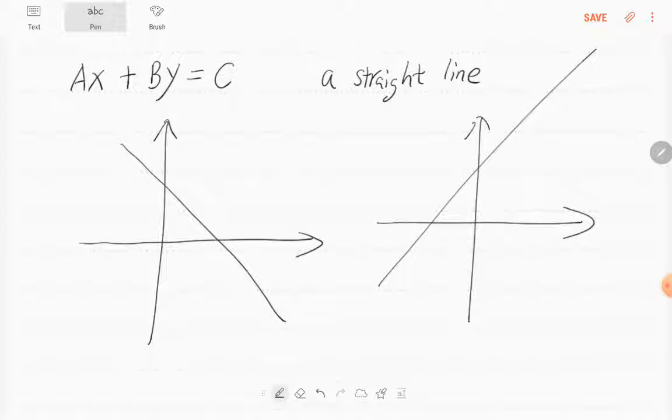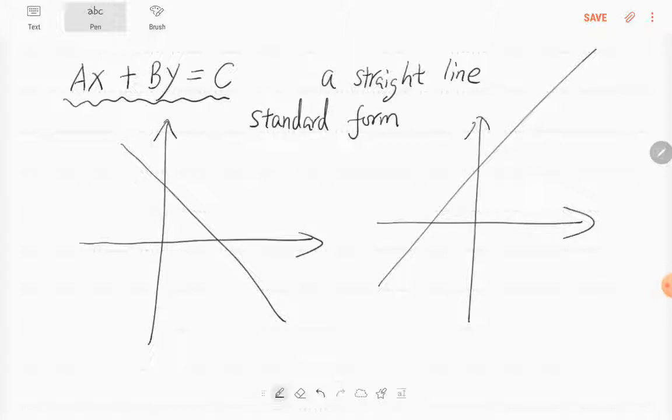If you have an equation in two variables given by this form, this is called the standard form of the straight line. So how do we draw a linear equation in two variables?